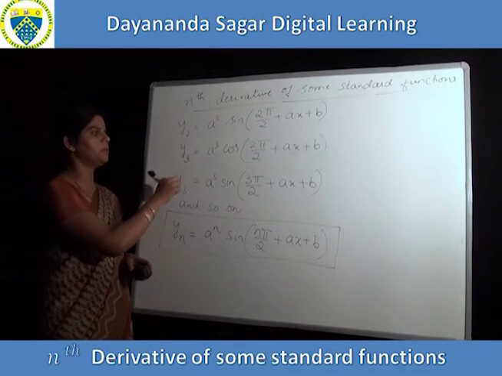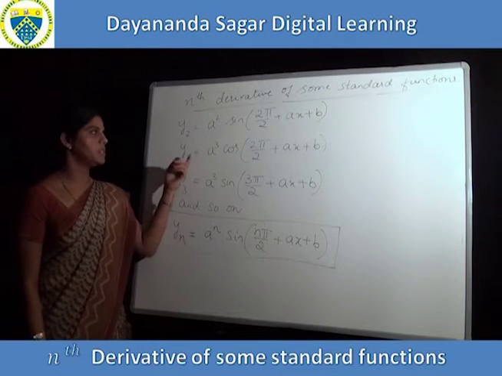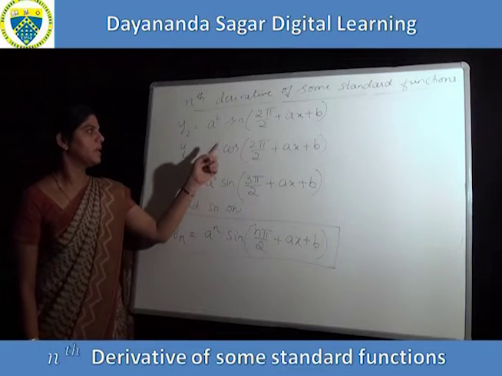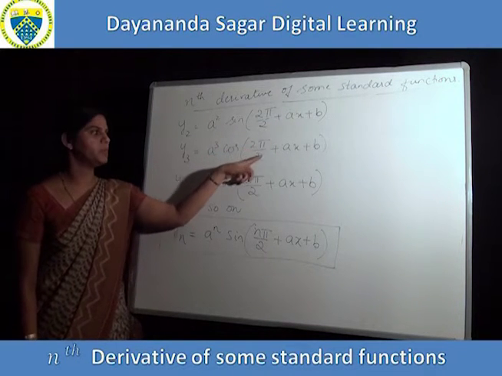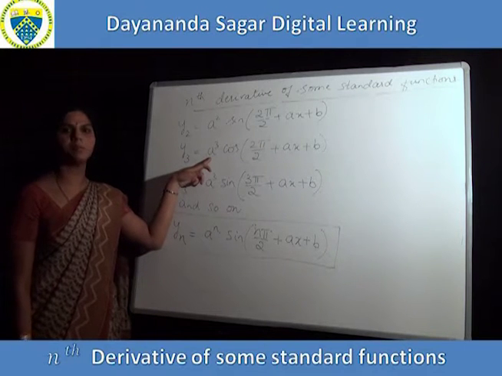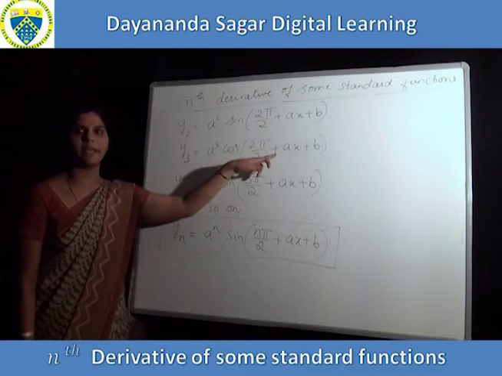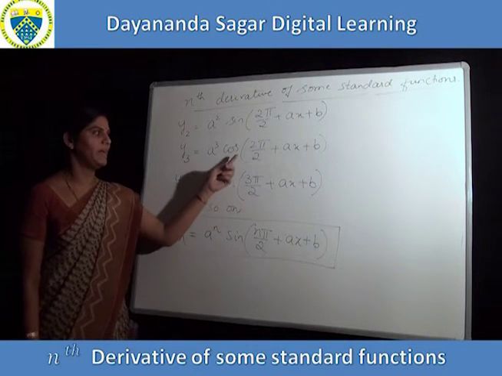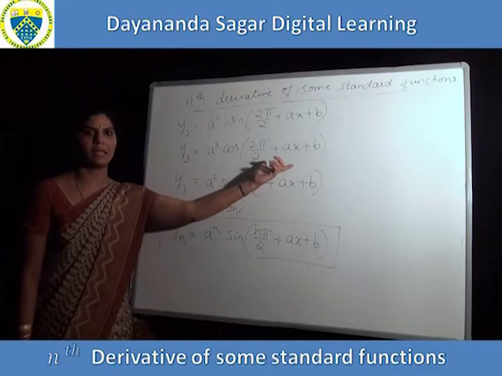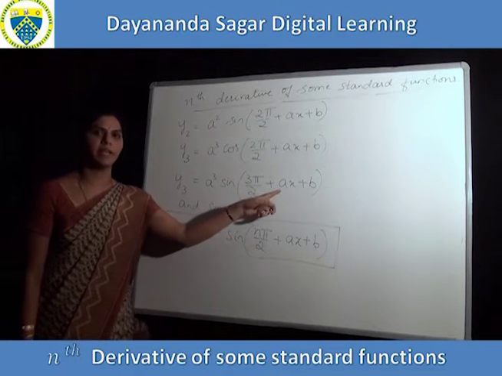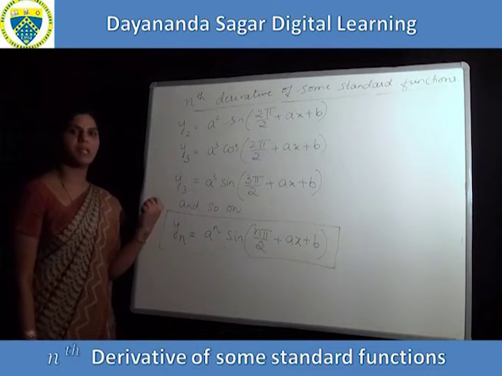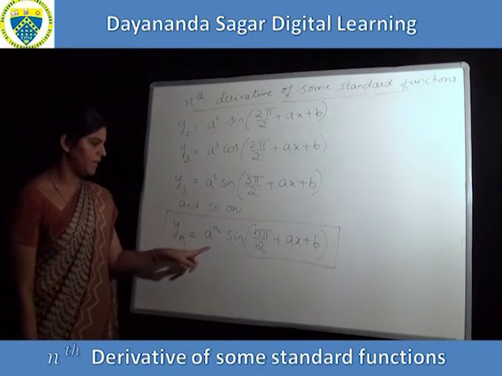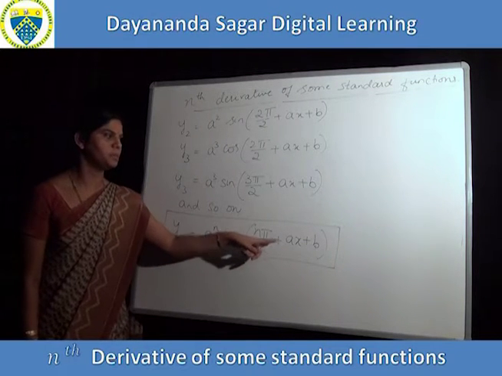Differentiating y2 with respect to x, once again we get y3 which is equal to derivative of sine of 2 pi by 2 plus ax plus b is a into cos of 2 pi by 2 plus ax plus b, into a square becomes a cube cos of 2 pi by 2 plus ax plus b. Then we can write this in terms of sine by adding angle pi by 2 with this angle. So we get 3 pi by 2 plus ax plus b, and hence we can generalize and write the nth derivative yn as a power n sine of n pi by 2 plus ax plus b.